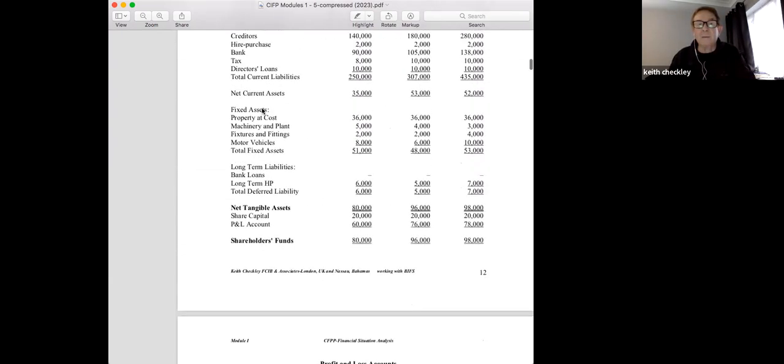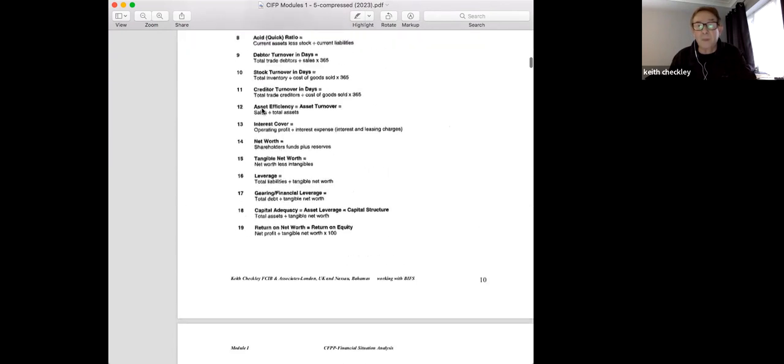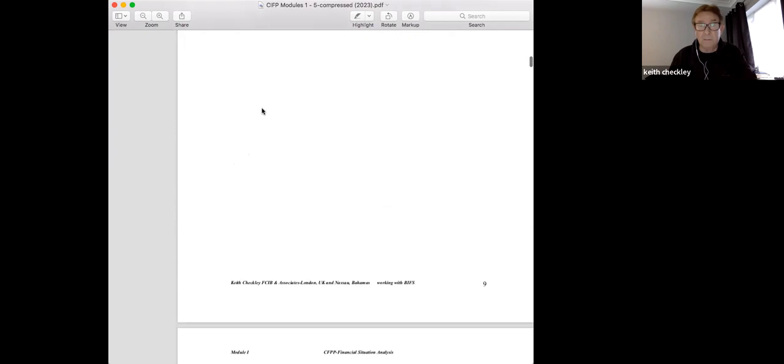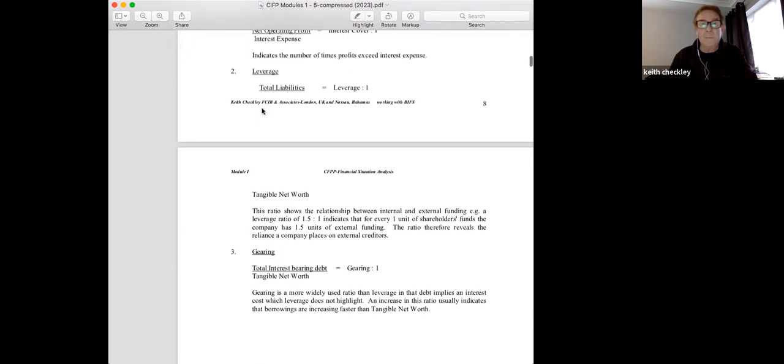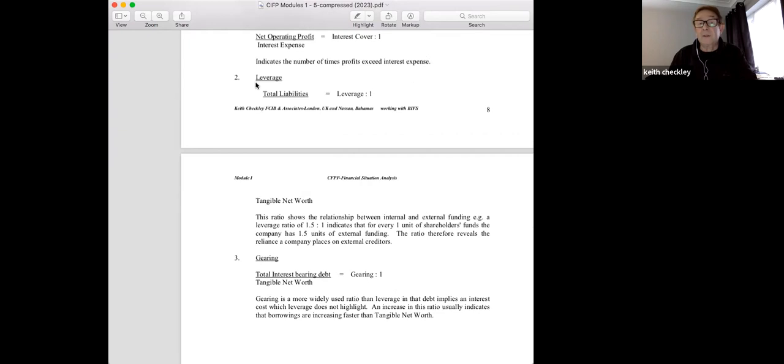Now, the other one to look at, we're nearly there. We've only got two to go. Leverage. Now, we have to be careful with the leverage calculation, because in a financial institution, the leverage calculation recommended by the Basel Committee, and no doubt by your central bank, will be all of the liabilities divided by the net worth position of the financial institution.